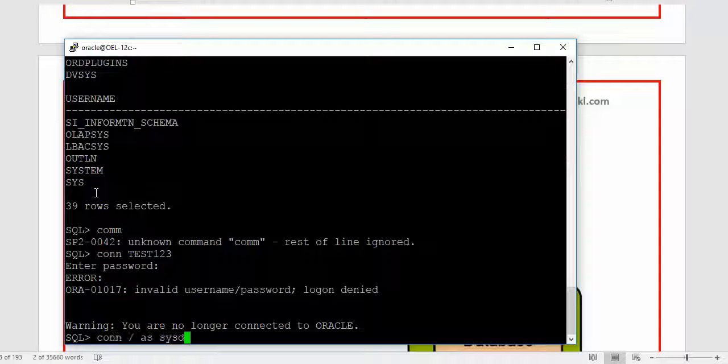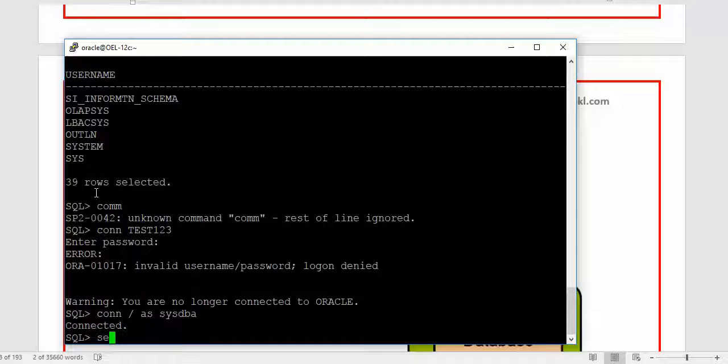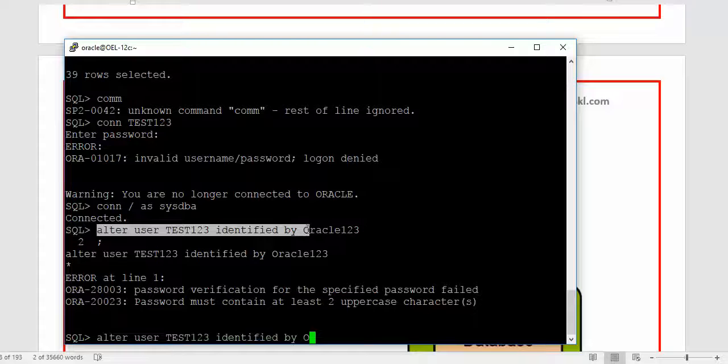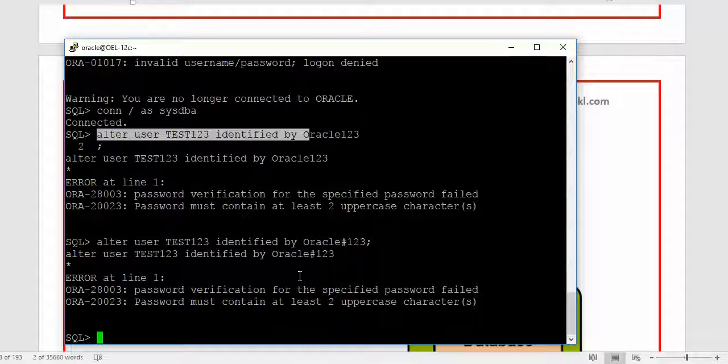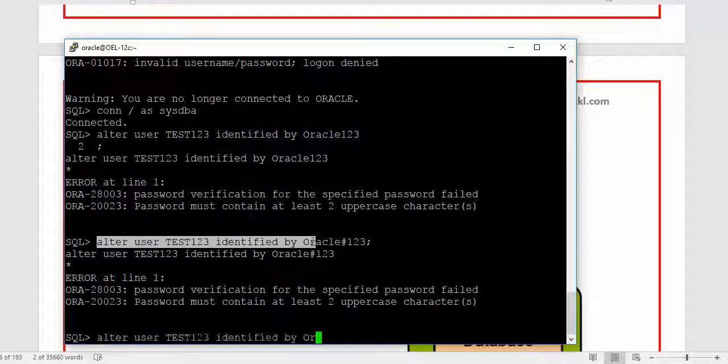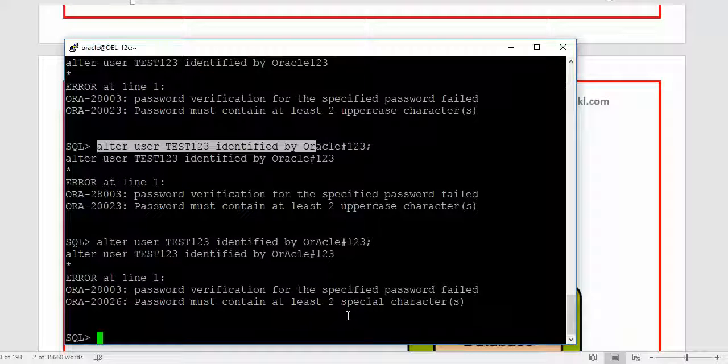Okay, let me reset the password then. I don't remember the password. So alter user test123 identified by... I think we changed this profile, right? We have used the password verify function, so I think that is the reason. It must contain at least two uppercase characters, two special characters.